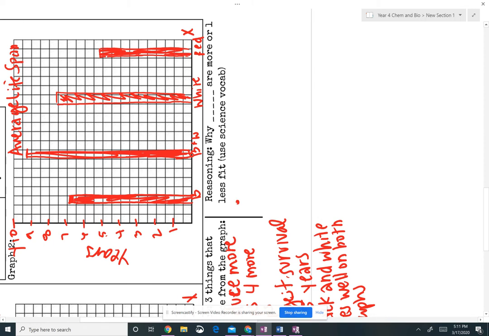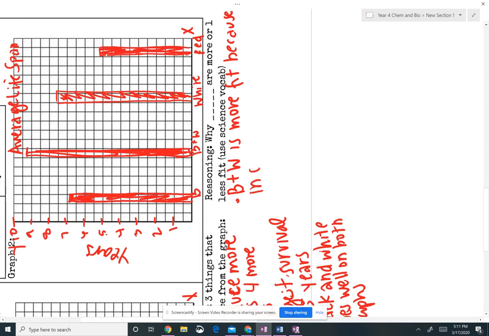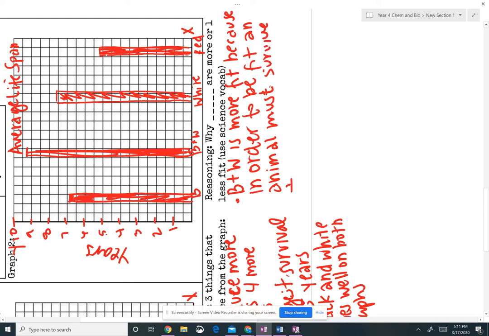So you have to remember that black plus white is more fit because in order to be fit, an animal must survive and reproduce, right?